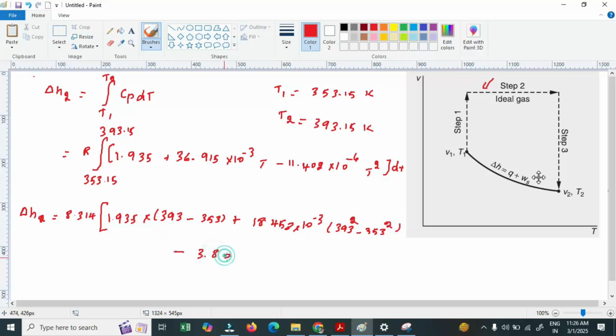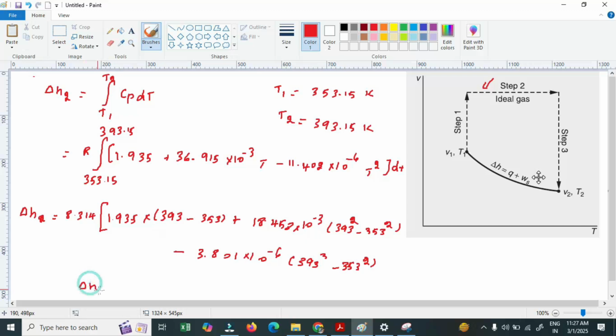If you substitute the entire value, you get del H2 approximately close to 4946.96 joule per mole.